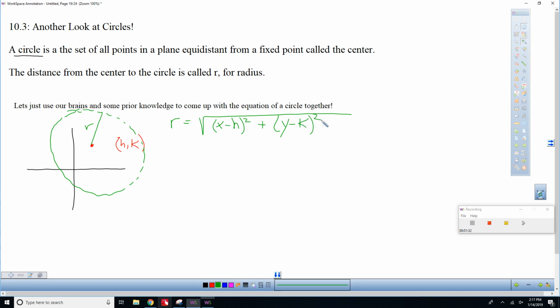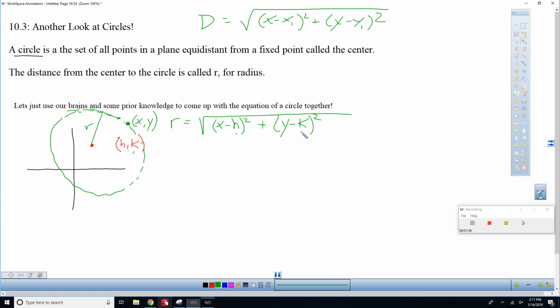Oh, hold on a second. This is the distance formula. What's the distance formula? Distance is the square root of x minus x1 squared plus y minus y1 squared. Well, in this case, all of these points are x, comma, y. We want all of the points that are exactly r away from h, comma, k.